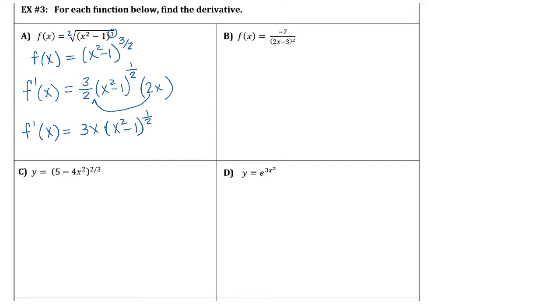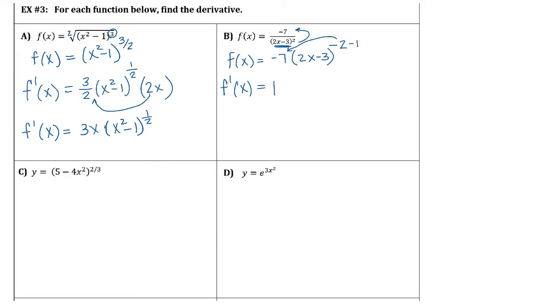Part B, we can flip this over and make this negative 7 the coefficient. So if we rewrite it, we're going to have f of x equals negative 7 times 2x minus 3, all raised to the negative 2. Now let's do our chain rule. So we're going to do the derivative of the outside first.